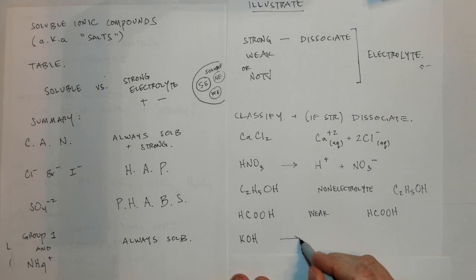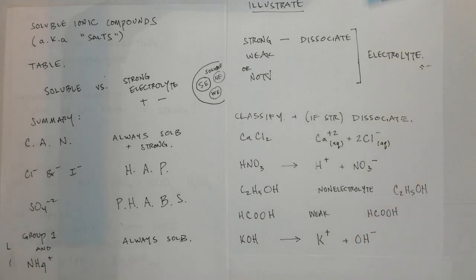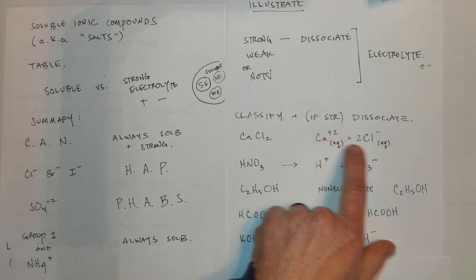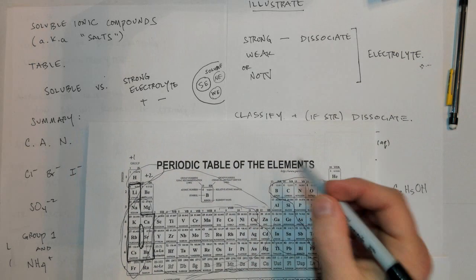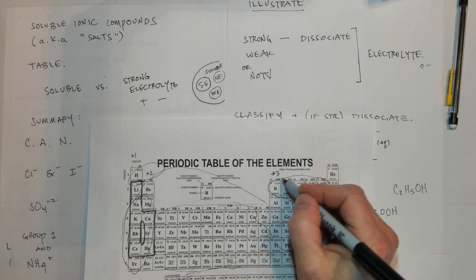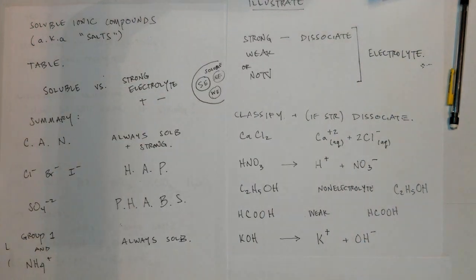So this strong electrolyte would have to be broken up into its ions as K+ and OH-. Now, if you're not sure of the little charges up here, remember you can always look on the periodic table, and you can look at the charges +1, +2, +3, and they're usually right. Or for polyatomic ions, you can look on the back right here, and you can find out what those charges are as well, if you forgot.